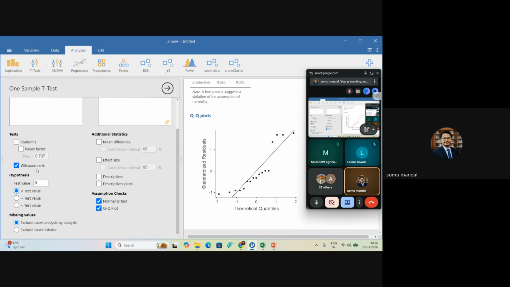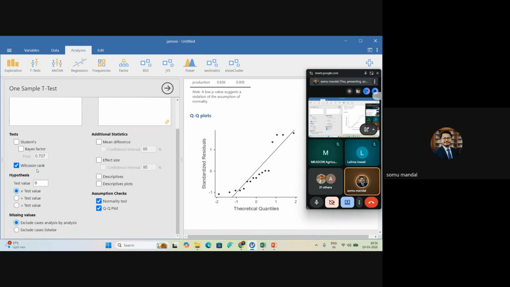Wilcoxon rank. If there is qualitative data, let's consider that you collect or arrange the data in a Likert scale, 1, 2, 3, 4, 5, where 5 means strongly accepted and 1 means strongly rejected.